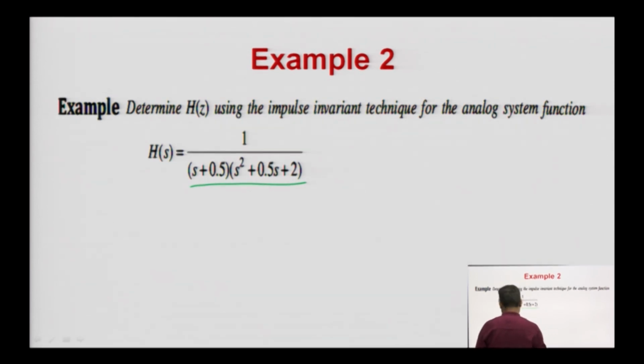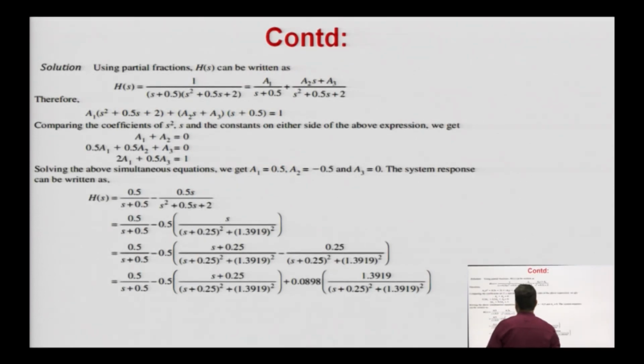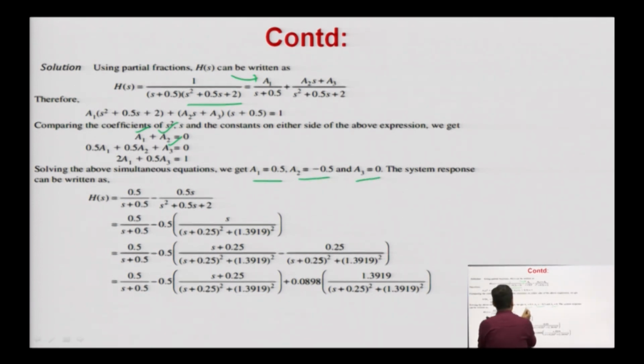For this question, at first you have to do the partial fraction: A1 upon s plus 0.5, plus, because this is a quadratic factor, (A2 s plus A3) upon s square plus 0.5s plus 2. Now, you have to calculate the values of A1, A2 and A3. You will get A1 is equal to 0.5, A2 is equal to minus 0.5, A3 is equal to 0, then you put the values here and your expression is in this form.